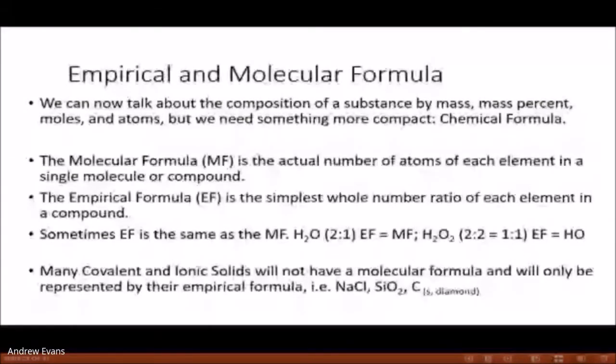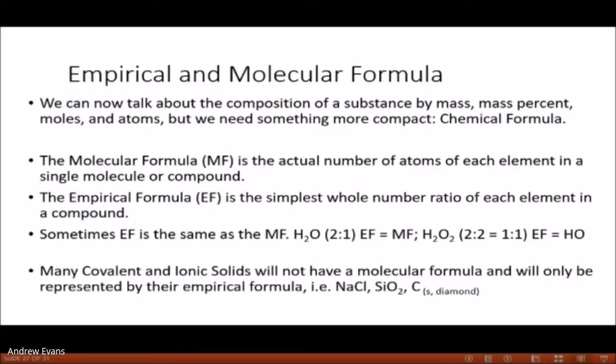Glucose is C6H12O6. If I wanted to say xylitol, it'd be C5H10O5. I'm just spitting out sugars right now, so you don't need to write those down. But the idea is it's the actual number of atoms given in a single molecule of a substance.